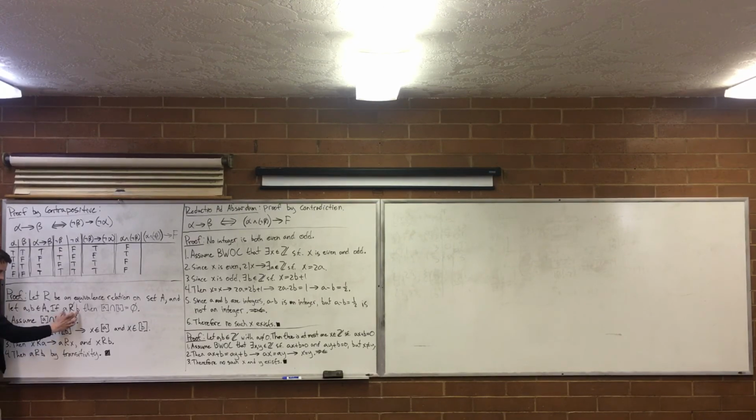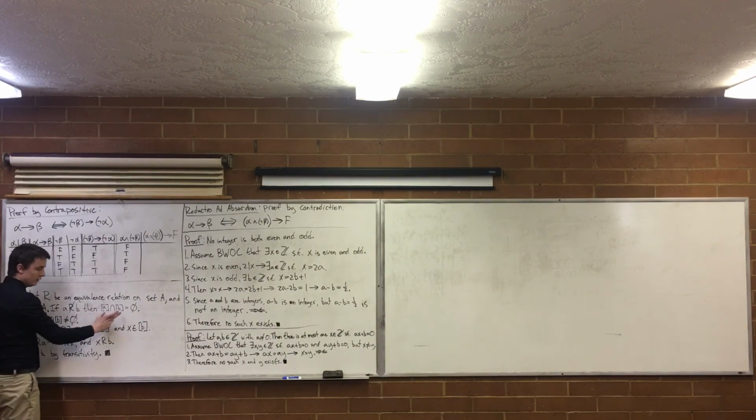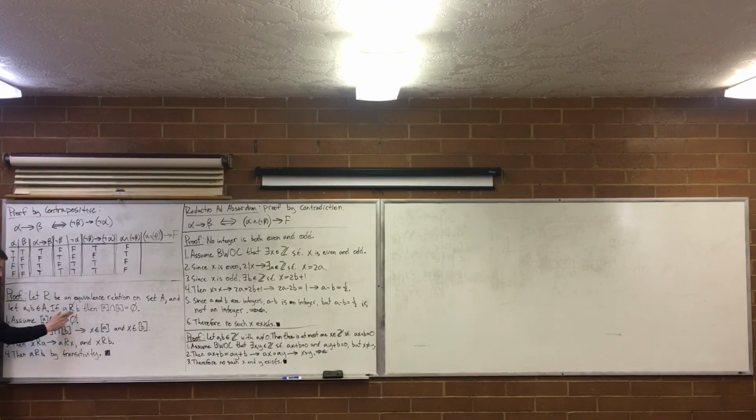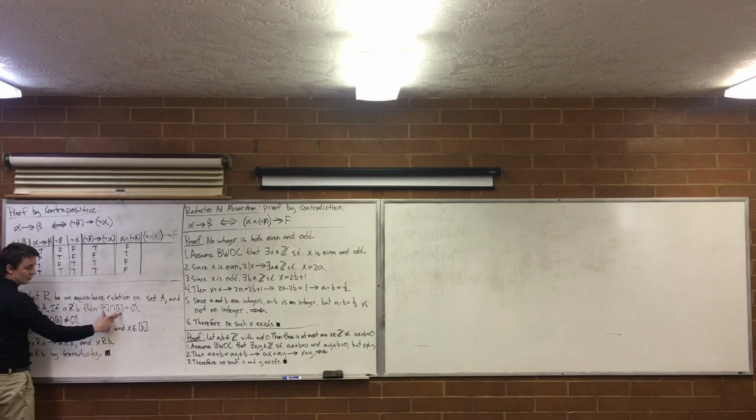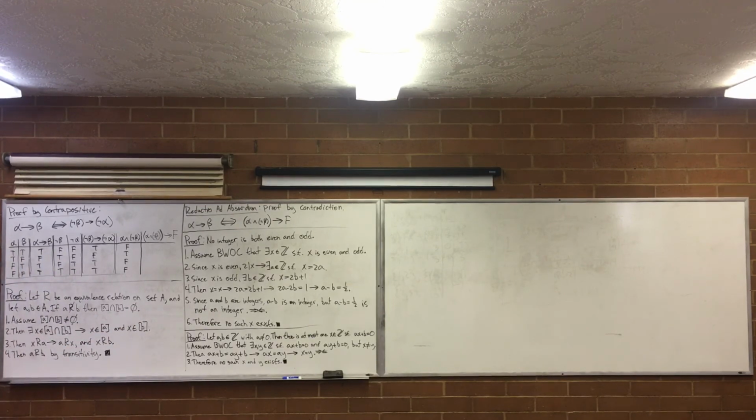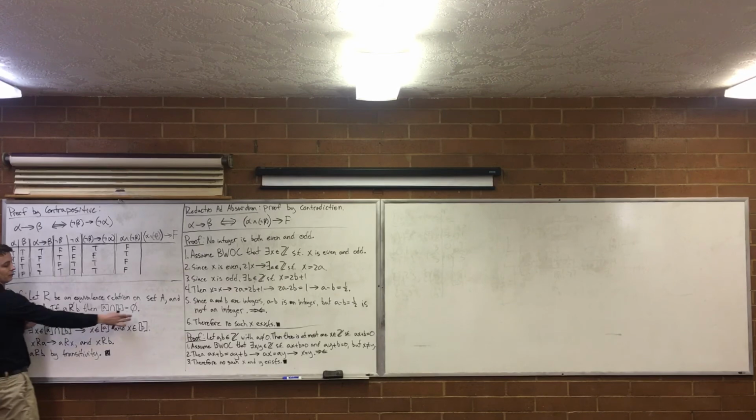Grab two elements. If a is not related to b, then they're in different equivalence classes. If a is not related to b, the intersection of their equivalence classes is the empty set. Isn't that obvious? Yeah, this should be pretty obvious to you. We're doing kind of an obvious proof to introduce contrapositive. The point isn't wrapping your head around this, it's going to be how you do a contrapositive proof.